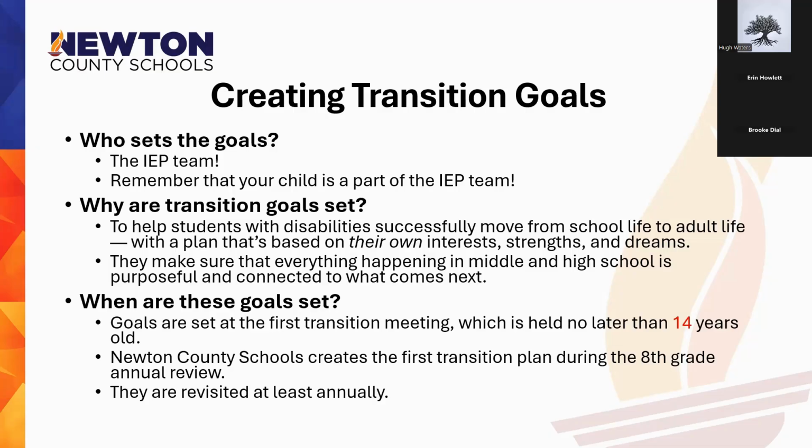So when are goals set? Goals are set in the first transition meeting. By law, that's no later than 14, but in Newton County, we create these during the first annual transition meeting of their 8th grade year. Then they are revisited at least annually at the annual review.